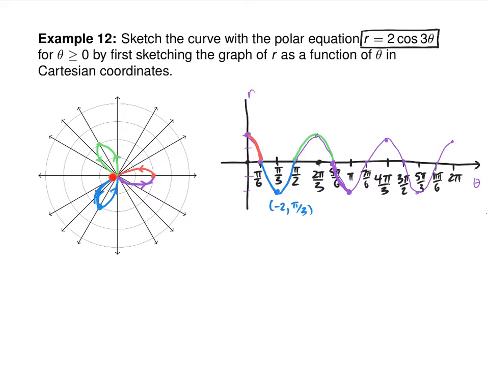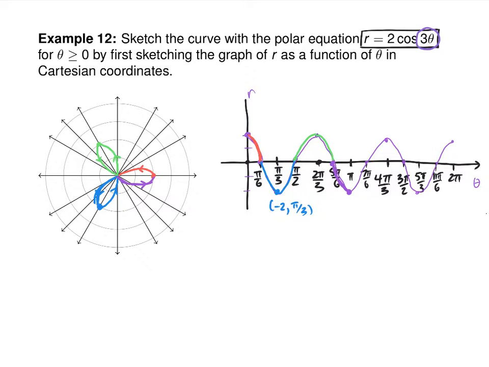This stuff gets reflected onto that. The 7 pi over 6 is going to trace this bit again. So it turns out that when you have an odd number in there, going from 0 to 2 pi traces the curve twice. That always happens.